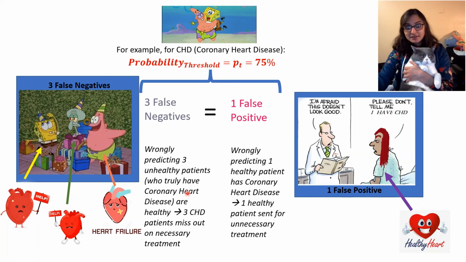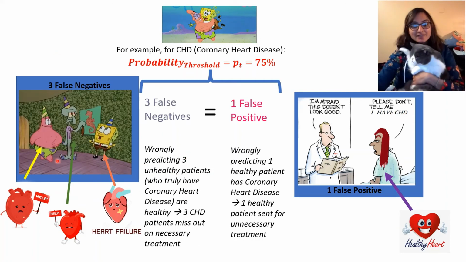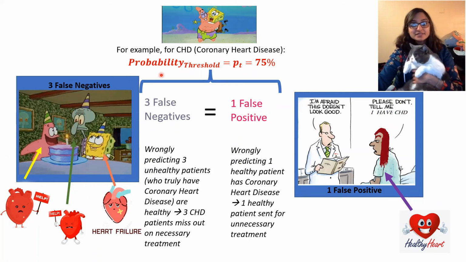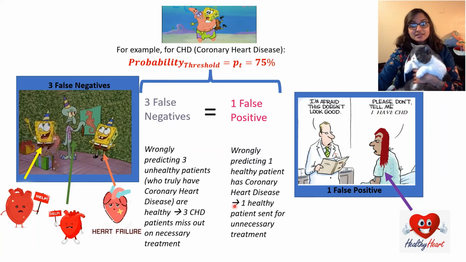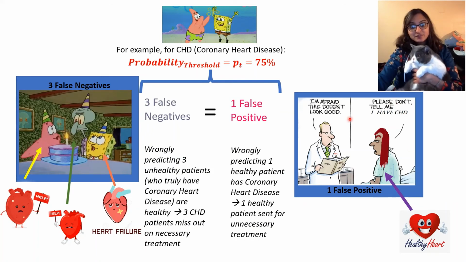That this mistake, wrongly predicting 3 unhealthy patients who truly have the disease are healthy, having them miss out on treatment, given that their heart is in an unhealthy state, but we're thinking that they're healthy, that this mistake is equal, or maybe not as bad even, as one false positive, as sending this poor patient who has a healthy heart for treatment.